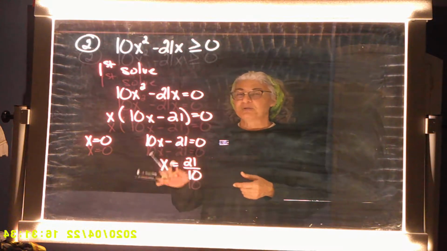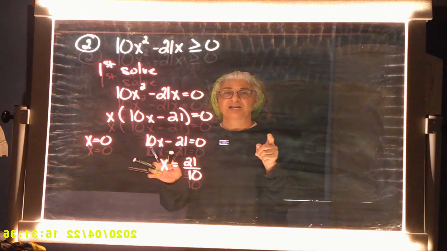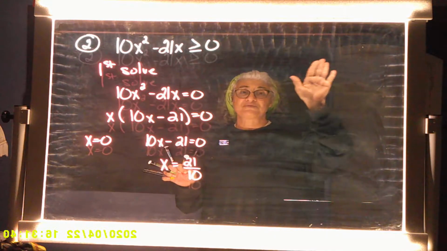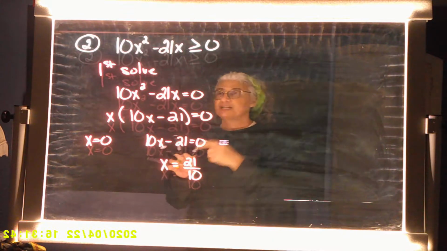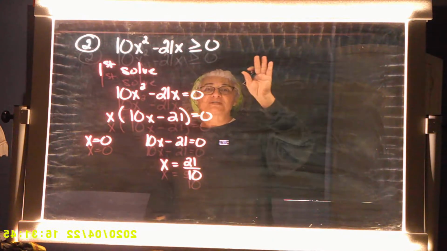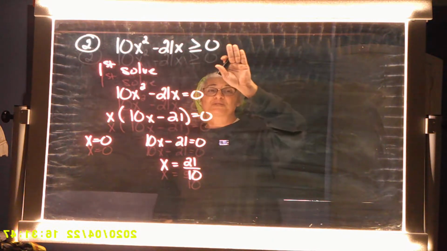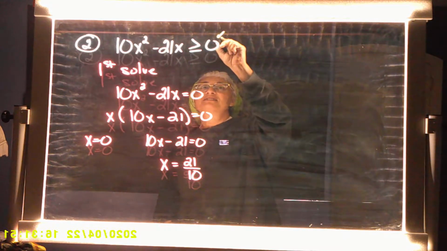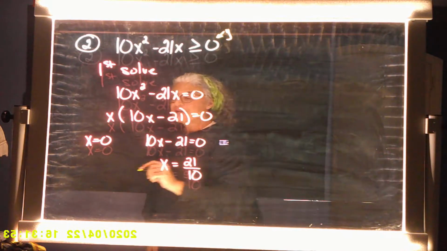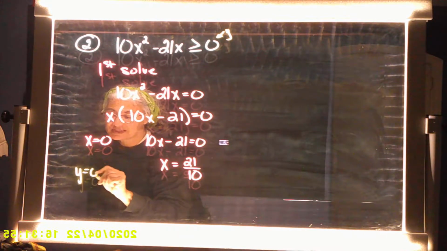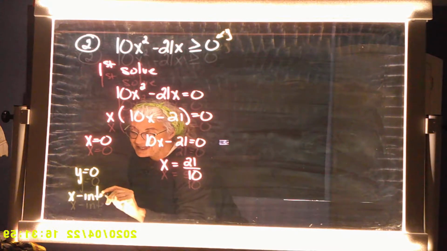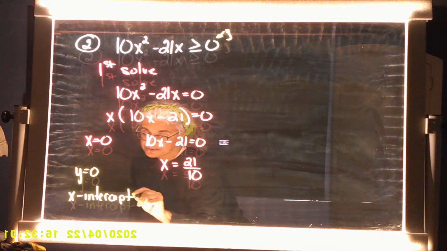Now, remember, we need to find that dot that connects us from solving a quadratic into graphing mode. Remember, there's supposed to be not only an x here, but there's supposed to be a y. If I'm going to graph, there's got to be a y here. This is the y value. My y equals 0, which means you have actually found x-intercepts.